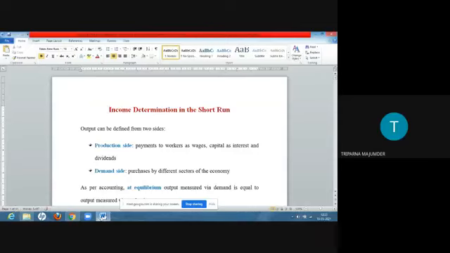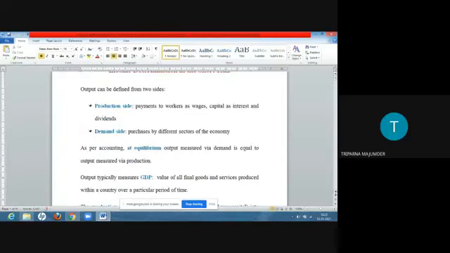These are represented in the demand side. As per accounting, at equilibrium, output measured via demand is equal to output measured via production. Whatever output we are measuring from the demand side should be equal to the output we are measuring from the production side as well.